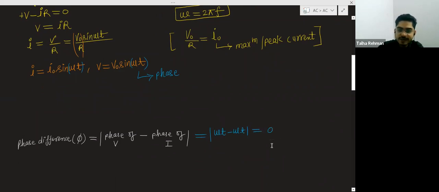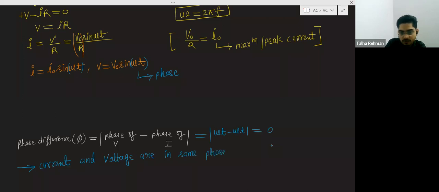So you can say that current and voltage are in the same phase.